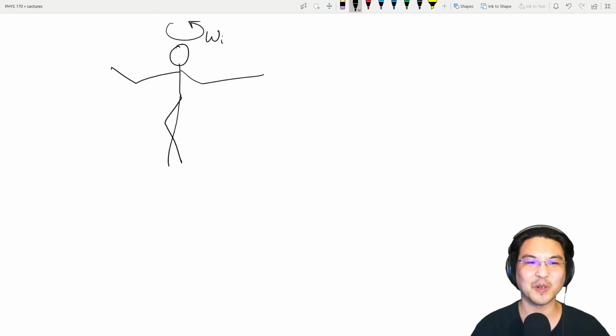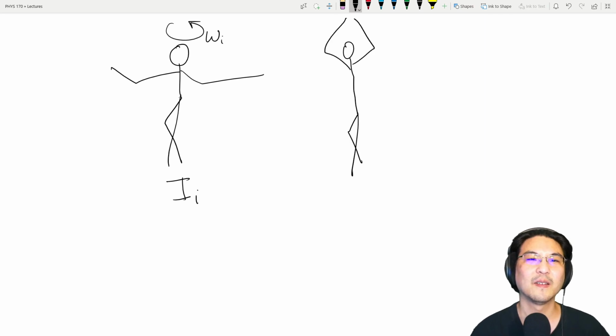And there's no person coming along applying torque to the figure skater. So the figure skater has some moment of inertia initially. So what happens when the figure skater does this? Right, so then the moment of inertia is now different. So initial and final are now different.